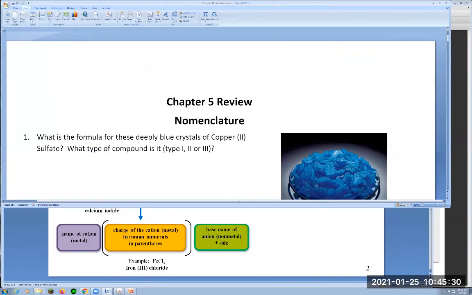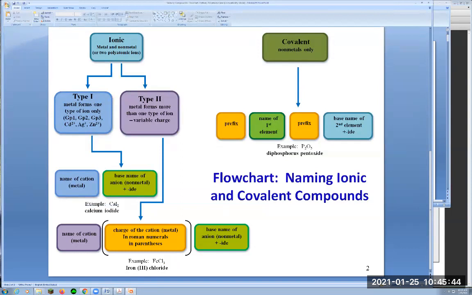So first question, what is the formula for these deeply blue crystals of copper 2 sulfate? What type of compound is it? Type 1, type 2, or type 3? By the way, type 3 are the covalent compounds, right? Type 1 and type 2 are written here in the flowchart, but type 3 are the covalent ones.